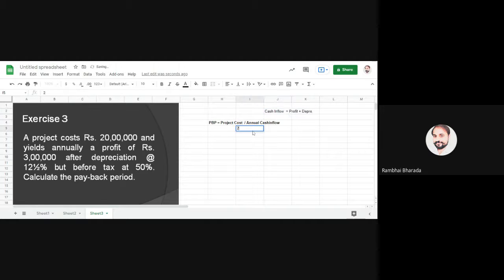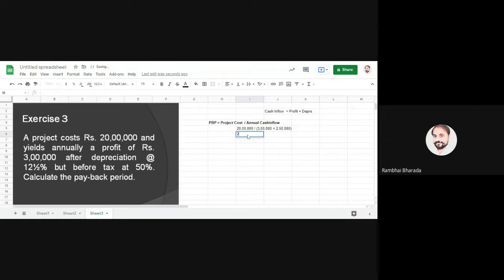Here the project cost is 20 lakh upon 5,50,000, the annual cash inflow, and what about the depreciation? What was the depreciation? I think 2,50,000 or 2,75,000. In calculation number 3, yes, 2,50,000.